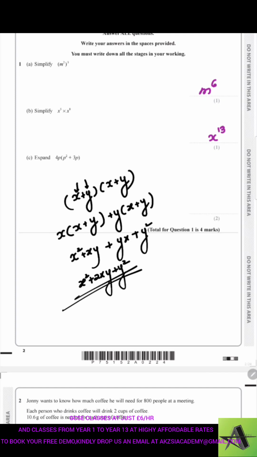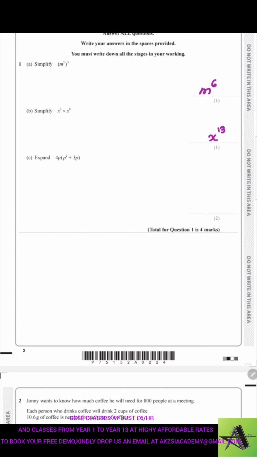Similarly, suppose it's written as a plus b times a minus b. So again, a, the first term, with the second bracket, and the second term with the second bracket.